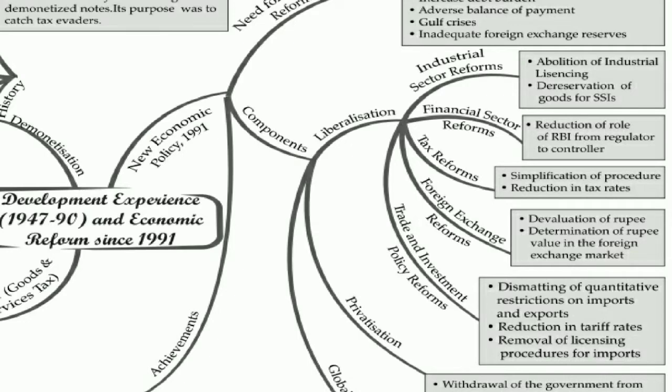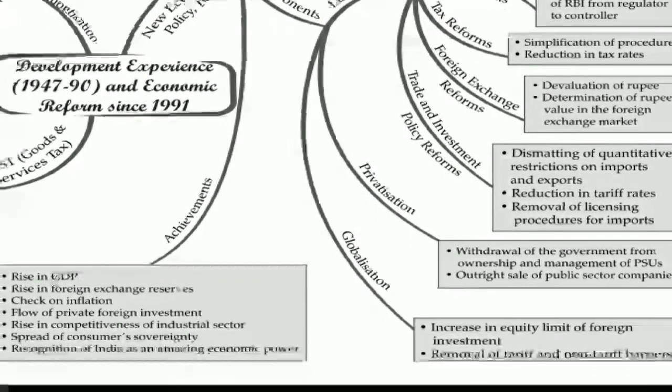In foreign exchange, we devalued the rupee, and now its value depends on market forces. In trade and investment, we removed quantitative restrictions, tariff rates were reduced, and licensing for the import of material was removed. After that, we brought in privatization.